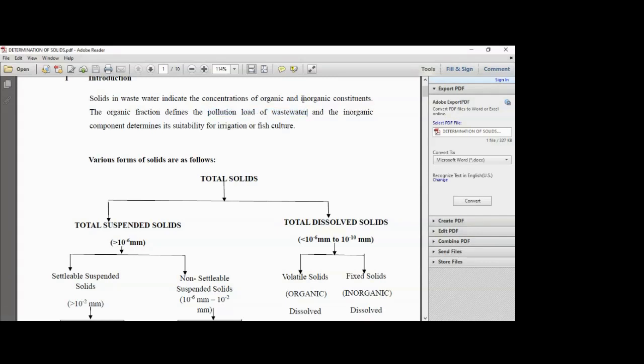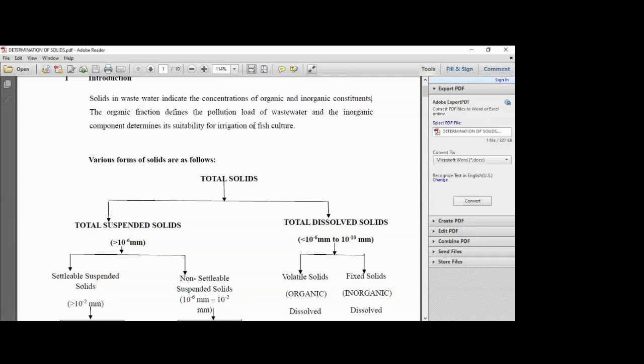And what is the significance of the inorganic solids? The water is mainly used for irrigation purposes also. And if the inorganic solids are more, what will happen? That will affect the soil fertility, because these small inorganic solids will get into the space in the agricultural soil, and because of that the soil fertility will get disturbed.